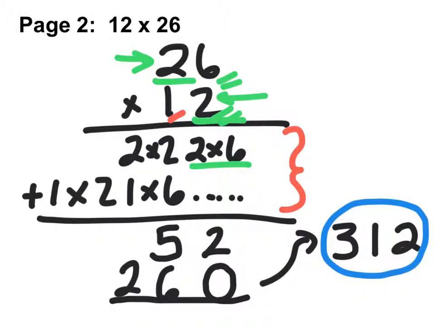And so that's why it gets kicked up to the tens place, because this is 2 times 20 kicked up to the second place. Same thing on the bottom. This is what I talked about with the tens. So the 1 is in the tens place. So when I multiply 10 times 6, it gets kicked over. So this is really 10 times 6. That's why it's been shifted over into the tens place.